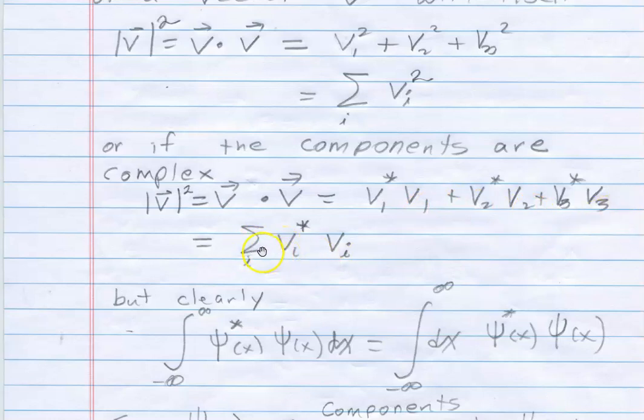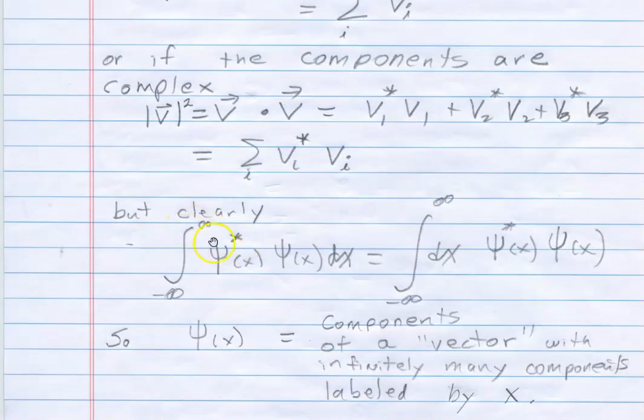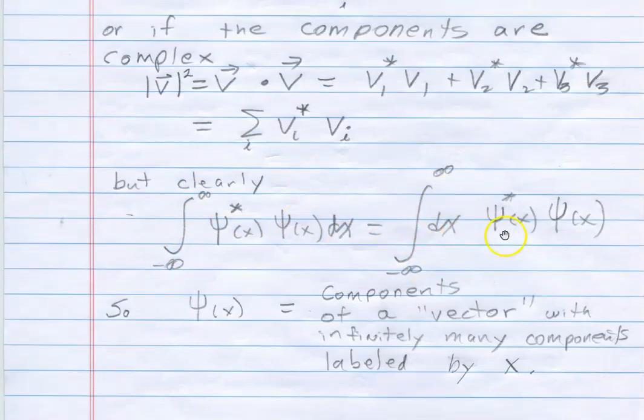And that's probably more analogous to a wave function, because we've got something really totally like it. Remember, one of the things, if I wanted to do this sum of psi star psi, which is psi squared, I'm doing a continuous sum over all of its components. Remember, the x's were analogous to the components, and the claim is that's totally analogous to the dot product for these complex vectors. I take the complex conjugate of the vector and multiply it times the vector component itself, and then add them all up.